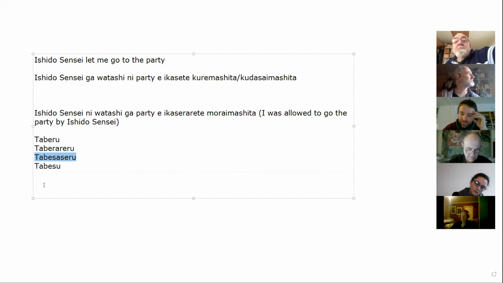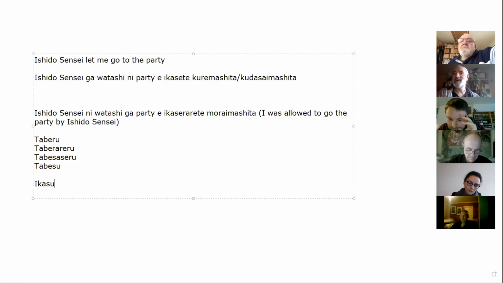So ikasu is another one. This is the group 1 version, to allow or force somebody to go somewhere. But it's almost like a completely new set of verbs. So once I've gone away and learnt this particular subject and mastered it, then we'll cover it. But for the time being, I think these make it a little bit easier.